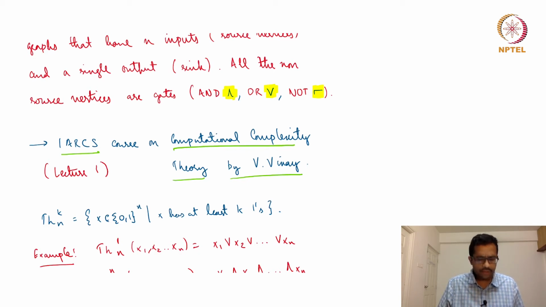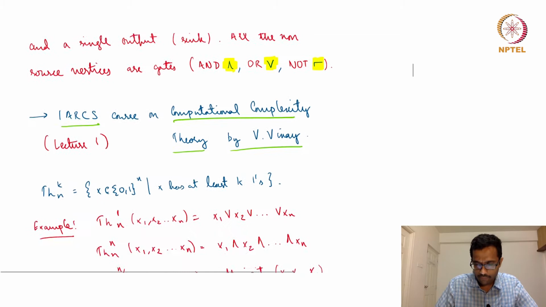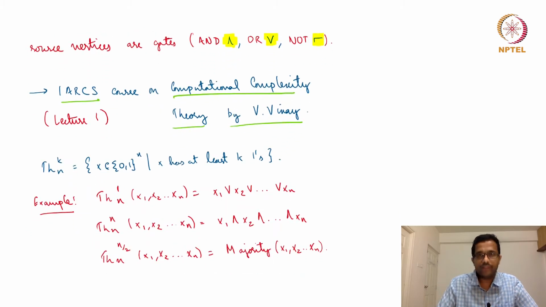IARC stands for Indian Association for Research in Computer Science. It's an old association. There is a bunch of lecture notes that you will get by Professor V. Vinay, and this is the first lecture of that course, right? So that's one reason, it's a very nice example to illustrate the circuit complexity model. So again, you'll find the same things, but anyway, I will also provide you with these notes.